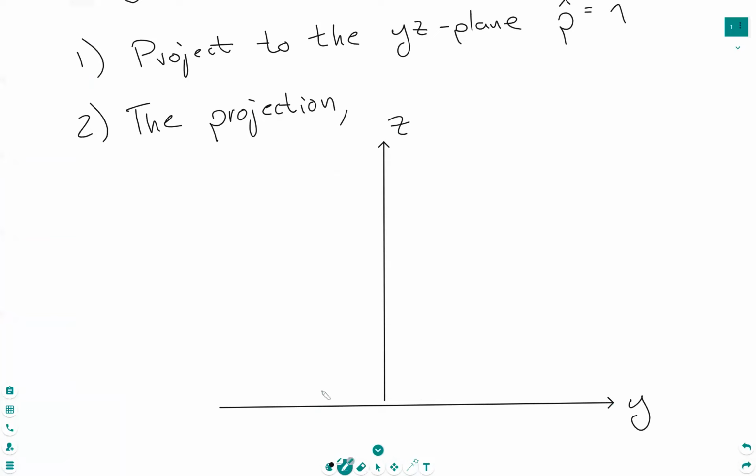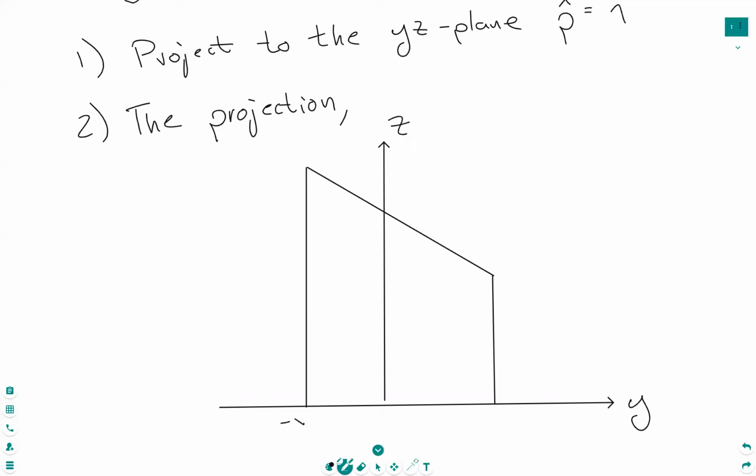We have our base, which is just Z equals 0. And then we have our plane on top that slices the top of the cylinder, and then we have the sides of the cylinder. So this is what the projection looks like.